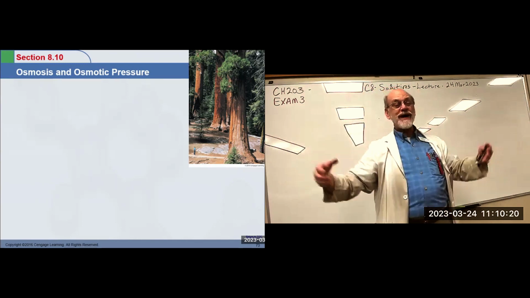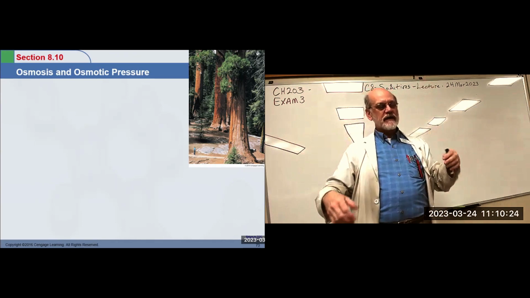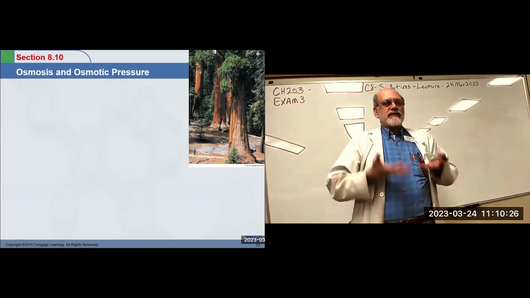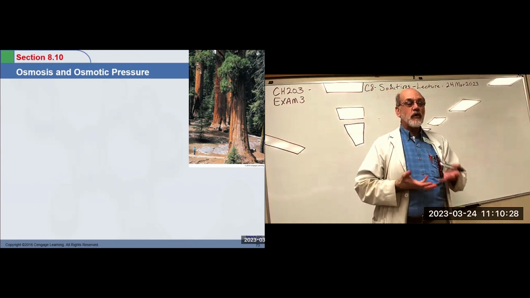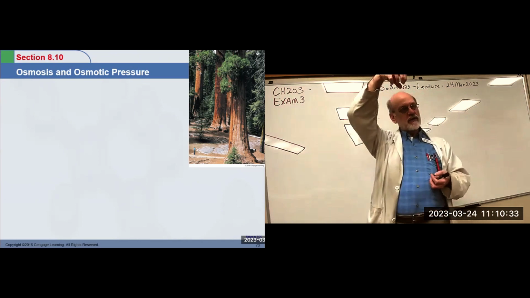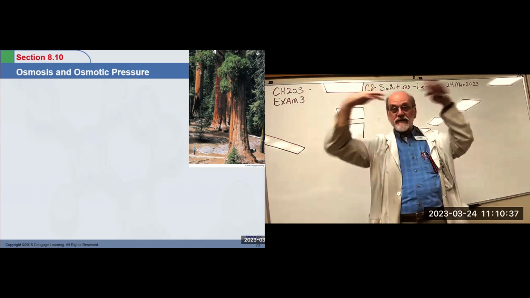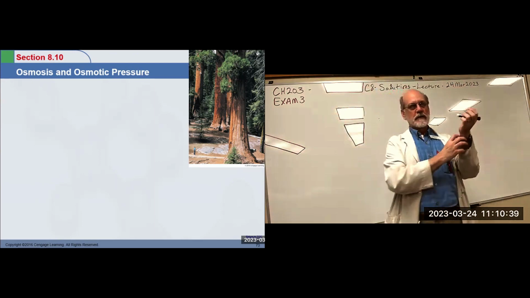But you could only go so high, right? If you have a vacuum above the water, then it's being pushed up by the atmosphere, and it can only go so high before it stops. And in fact, if you pull a vacuum, it can only go up to 33 feet. And that's as high as it'll go, no higher.